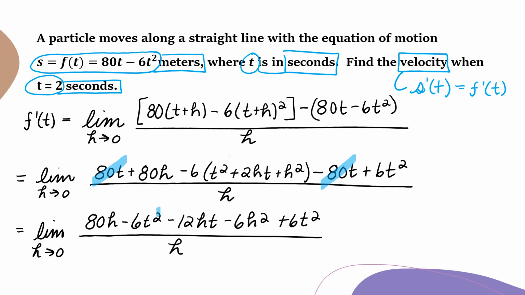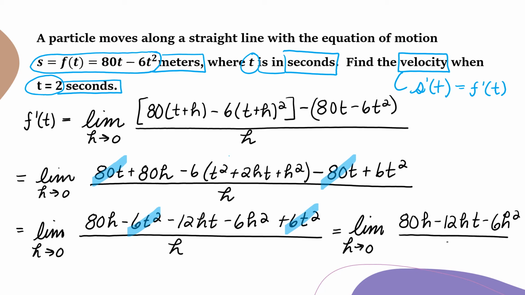And now we have these 6t squareds that we'll subtract out. So this is equal to the limit as h approaches 0 of 80h minus 12ht minus 6h squared all over h, and we just have a bit more simplification to do.